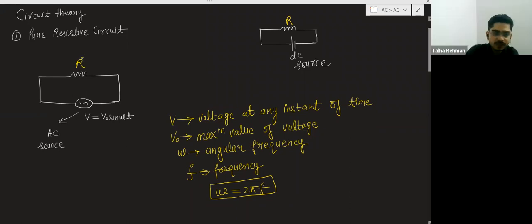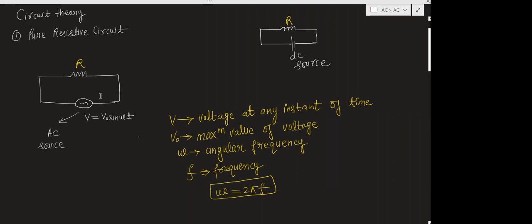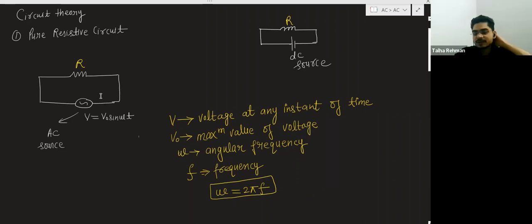We know that the direction and magnitude of the current in this circuit is changing continuously with time, because current is in the form of a sine curve. I have told you that alternating current changes with time in magnitude as well as in direction.